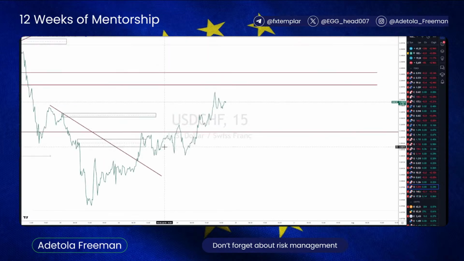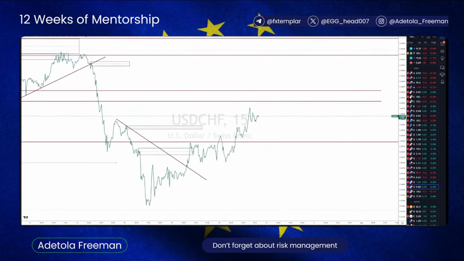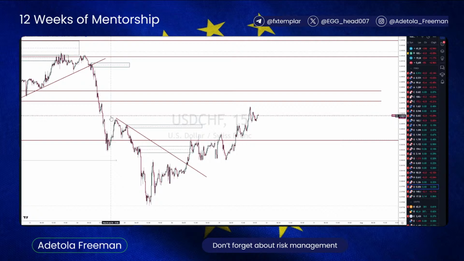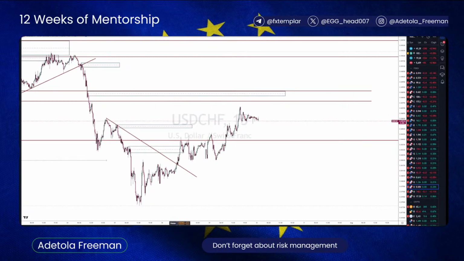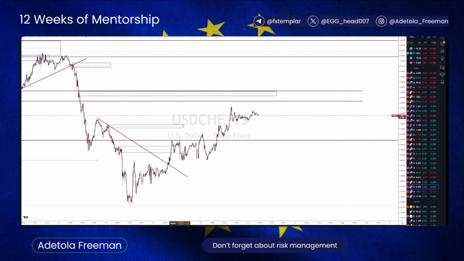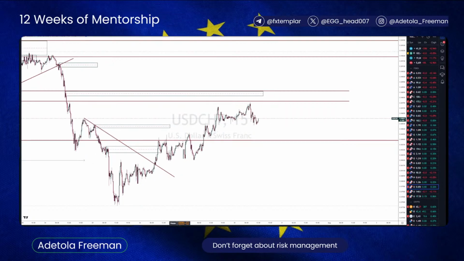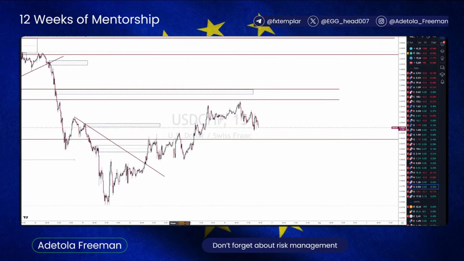Now we have a smaller pivot, not a major one, just one that we're observing because of the break of structure that happened. And we can work with this as the supply zone within that pivot. So when price gets to that pivot zone, all right, we're going to observe how price reacts from it.